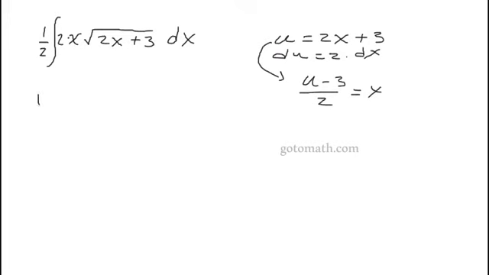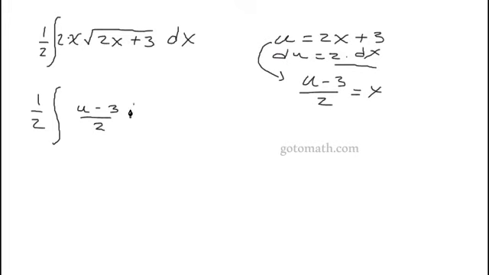So we have a half the integral. The 2 and the dx are going to get replaced with the du. This x is going to get replaced with the u minus 3 over 2.